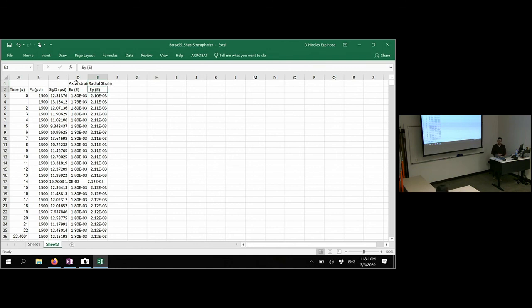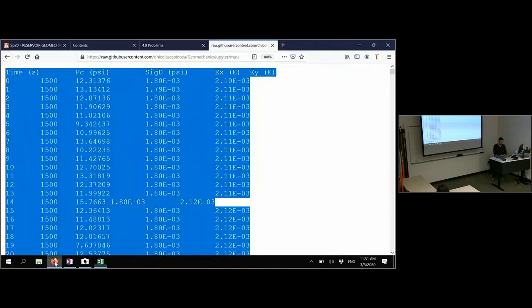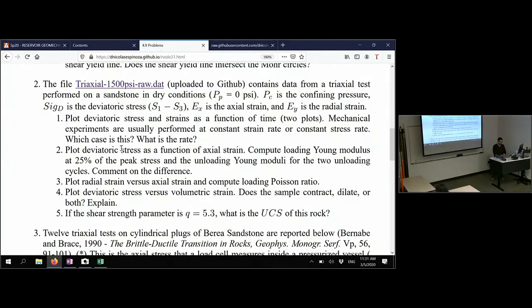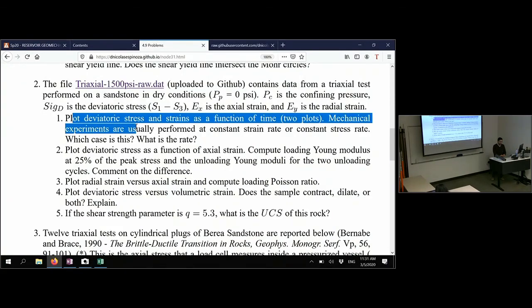And basically what you have to do, let's see what the problem says, but you have to find the strength of this rock. So plot the deviatoric stress as a function of strain. That's going to allow you to calculate your Young modulus.